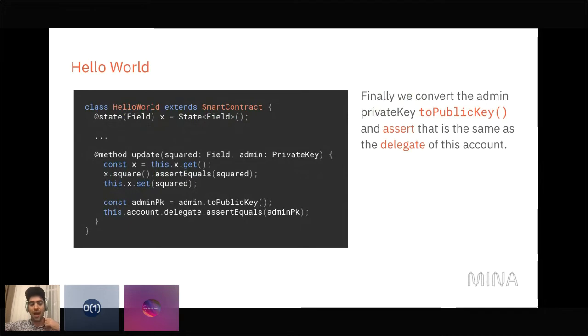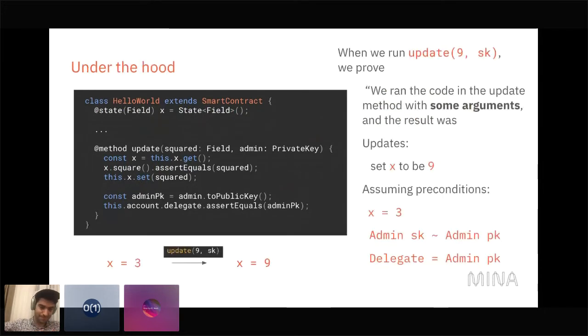So when we actually execute this method, when we run update with 9 and the correct secret key, we create a proof that says the following. The code within the update method was executed, and it was executed with some private arguments.